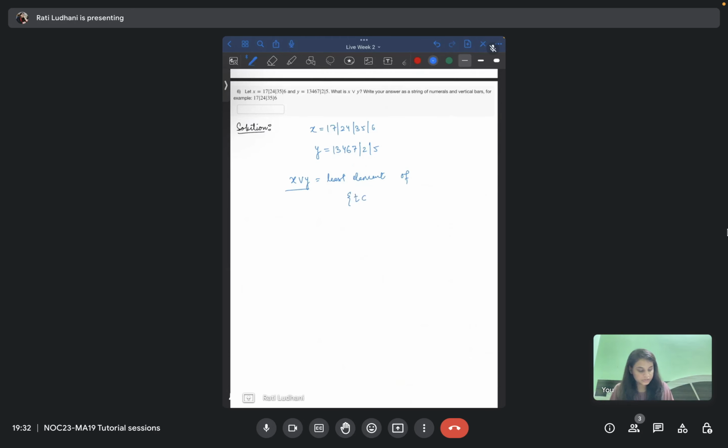So this is pi, and you have t, 1 7 2 4 3 5 6 is less than or equal to t, and 1 3 4 6 7 2 5 is less than or equal to t. Right, so this is the thing.